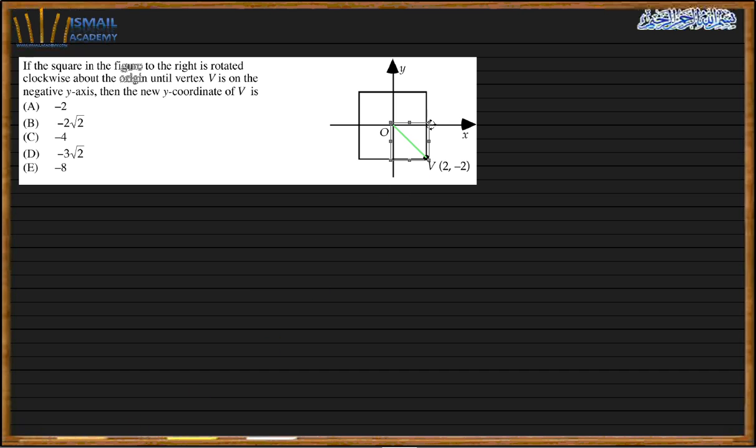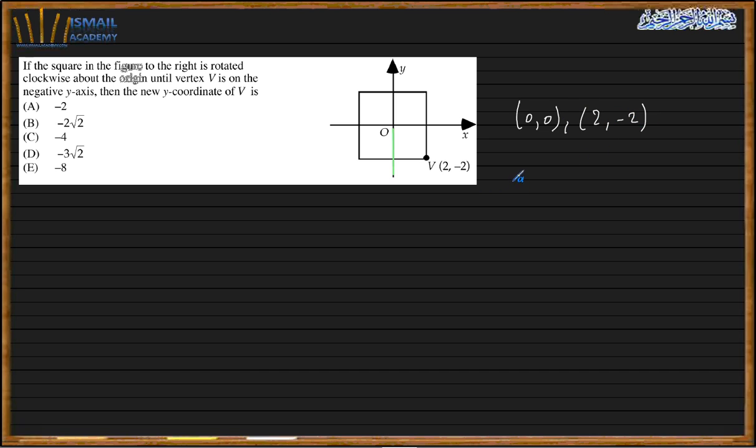When we rotate it, the point is not going to be at the position where it would be if the side were vertical, so I need to find how far that point is from the origin. I'm going to find the distance between the points (0, 0) and (2, -2).